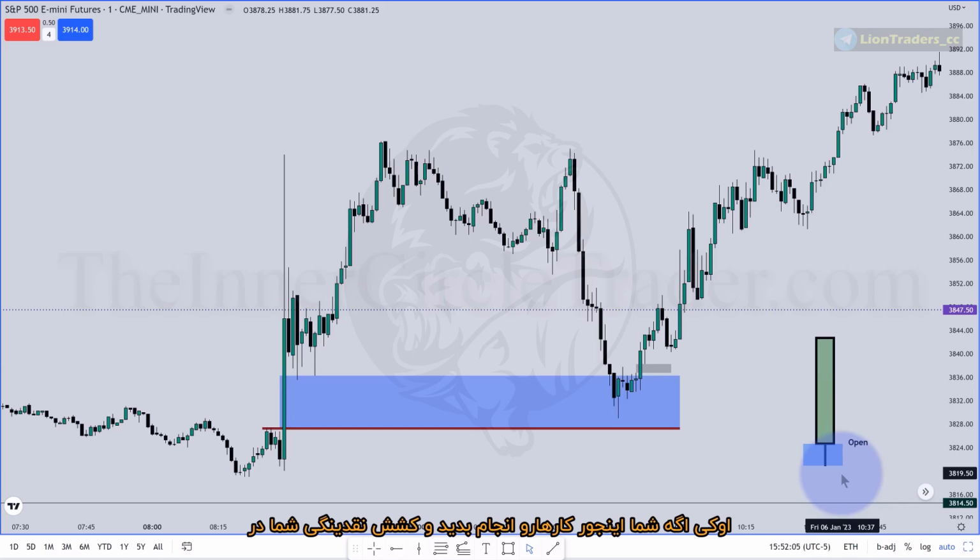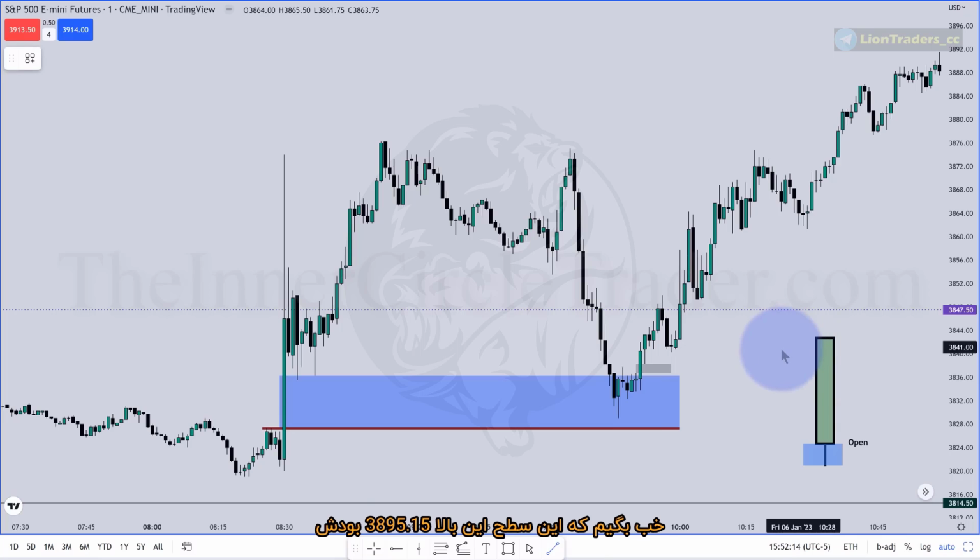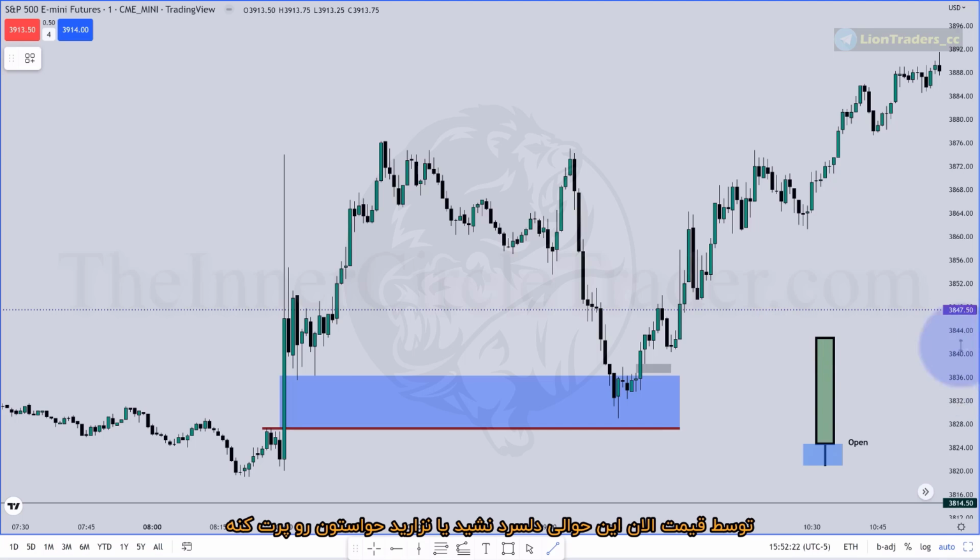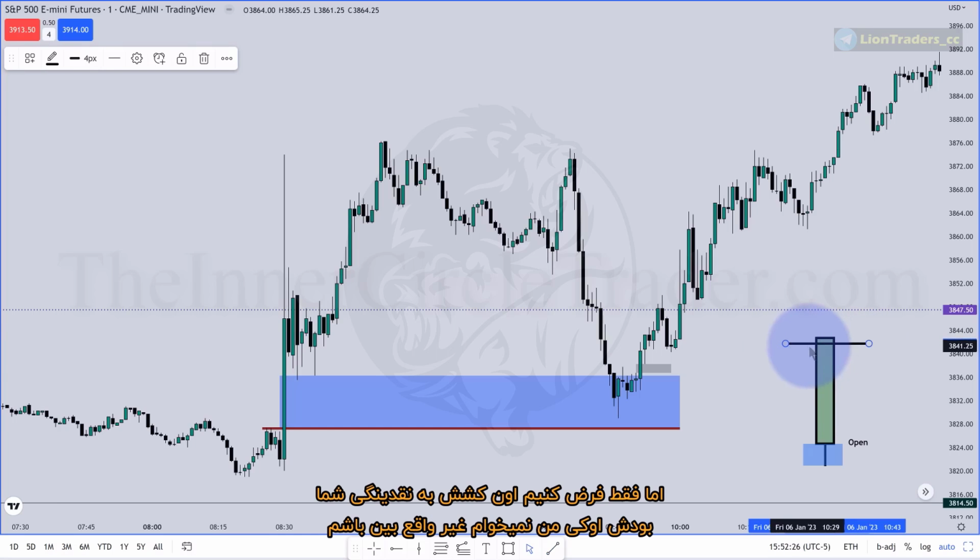Okay, if you do these types of things and your draw on liquidity, what is that? Well, let's just say that this level up here was the 38.95 and a quarter level. Don't be discouraged or distracted by the actual price over here. But let's just say that was your draw on liquidity.